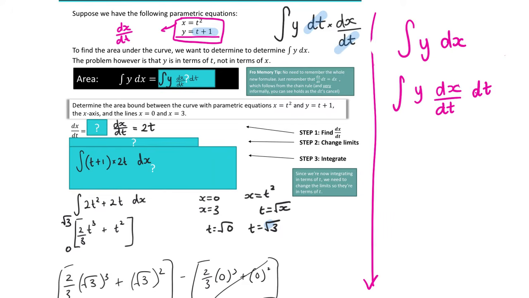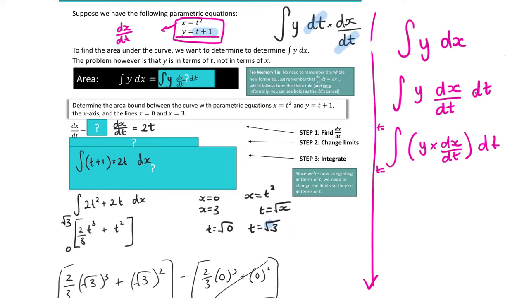This is a bit of the background. However, all you need to know is this. Whenever we're finding the area bound between the curve with the parametric equations, we need to integrate y multiplied by the differential of x, and our limits need to be in t's. This is all we need to do.